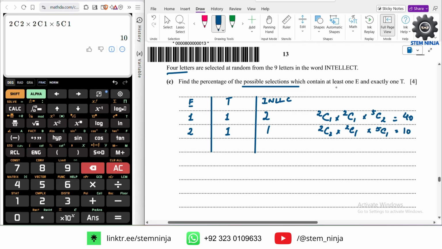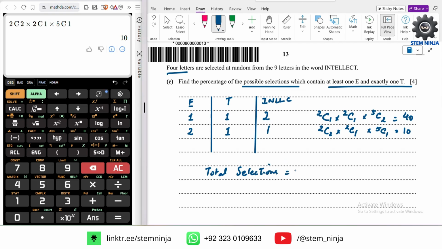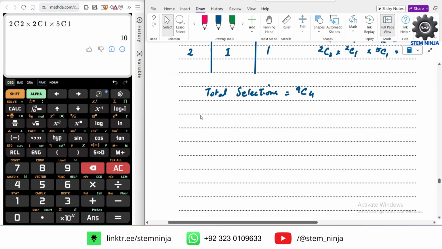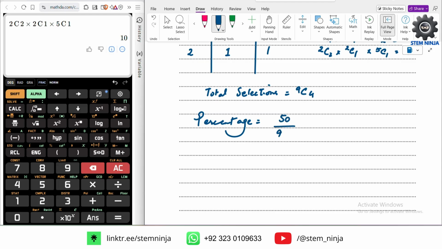These will be the selections with this, but total random selections would be 9C4, right? No restrictions. So therefore the percentage would be 40 plus 10, 50 divided by 9C4 times by 100%.